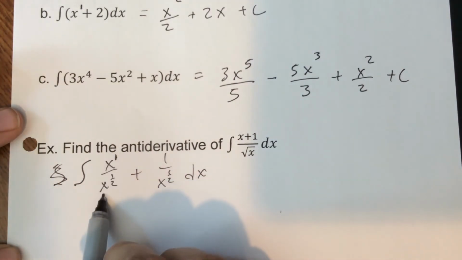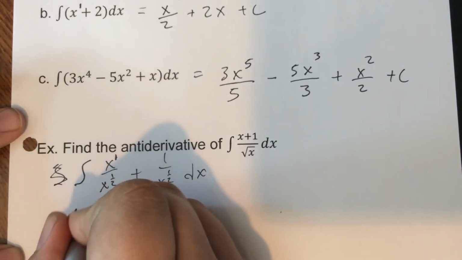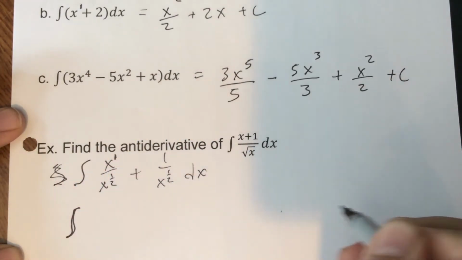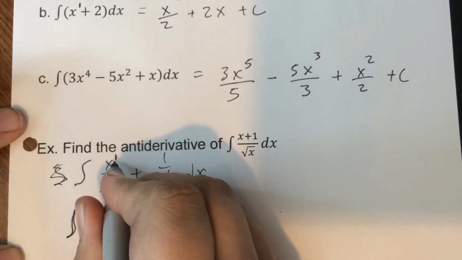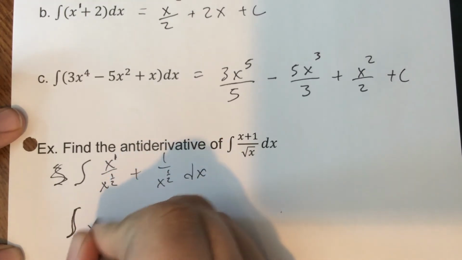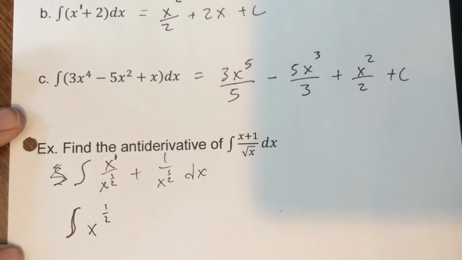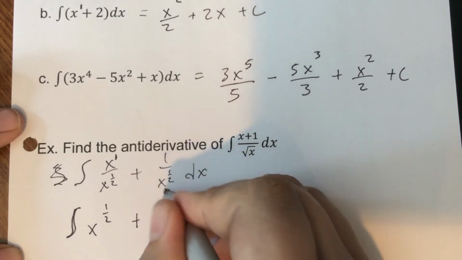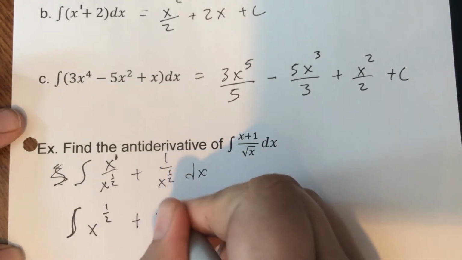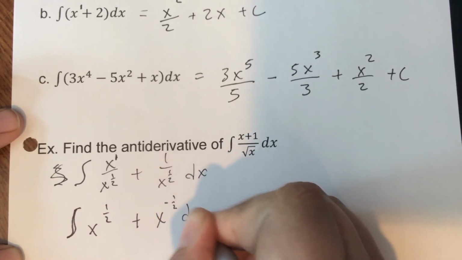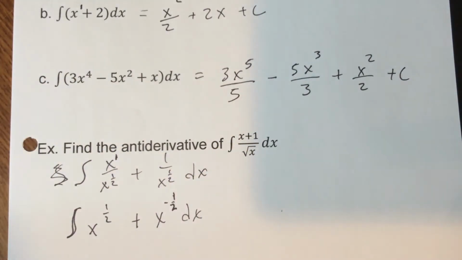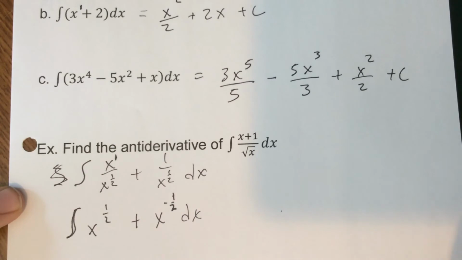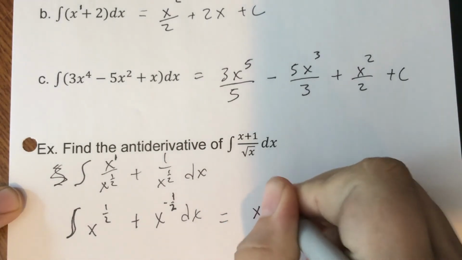When we have the same base and they're divided, we can subtract the exponents. So integral of x to the first over x to the 1/2, 1 minus the 1/2 would make this x to the 1/2. Plus, here, it's just on the bottom, so if we bring it to the top, it makes it to the negative 1/2 dx. Now we can just do that power rule again. So x to the 1/2, we would add 1 to make this x to the 3/2.